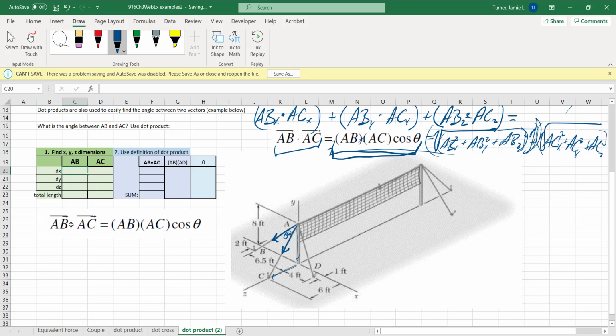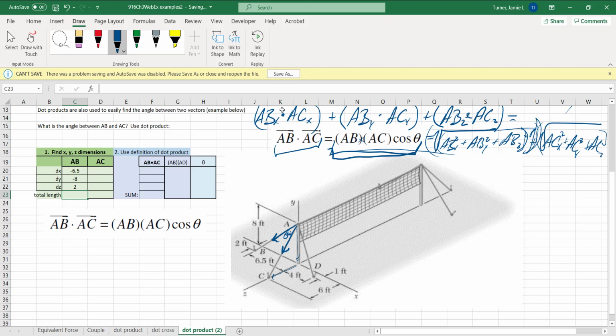So that'll be negative 6.5 feet. And then in the y direction, we're coming down that pole that is 8 feet tall. And the z direction, we're coming forward. You have to really squint. So that 2 feet goes with these 2 little arrows here. So that is pegged out 2 feet in the z direction.